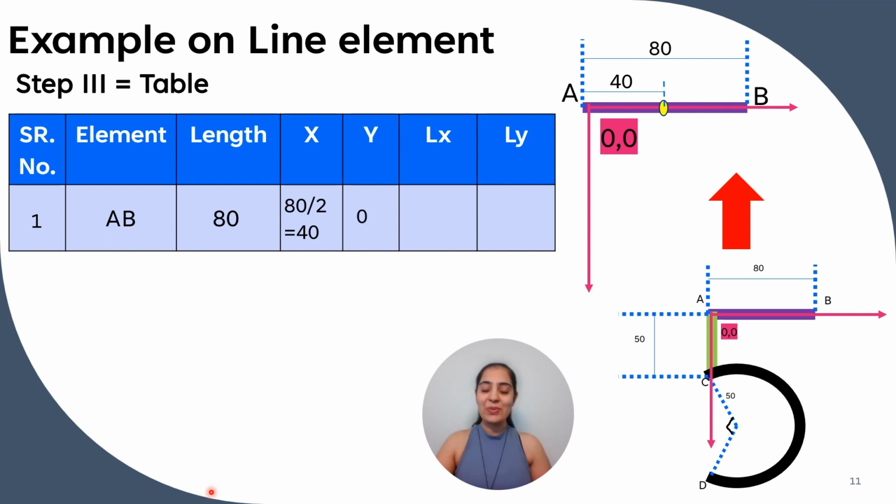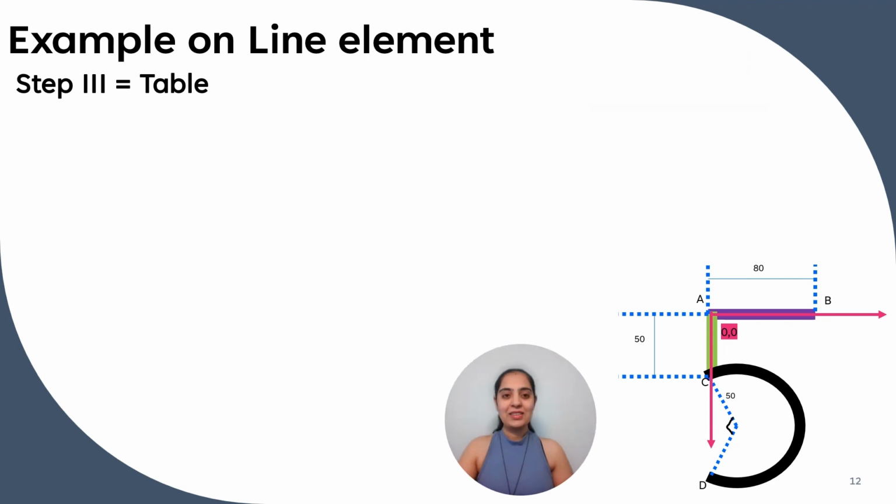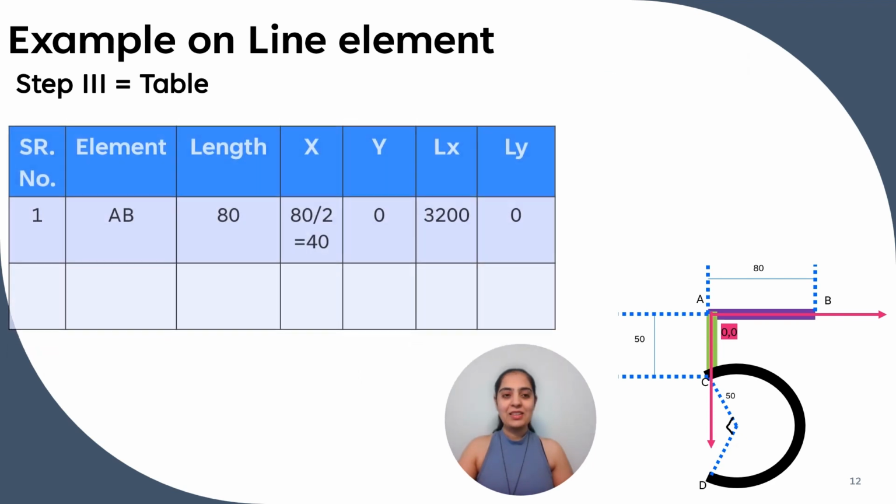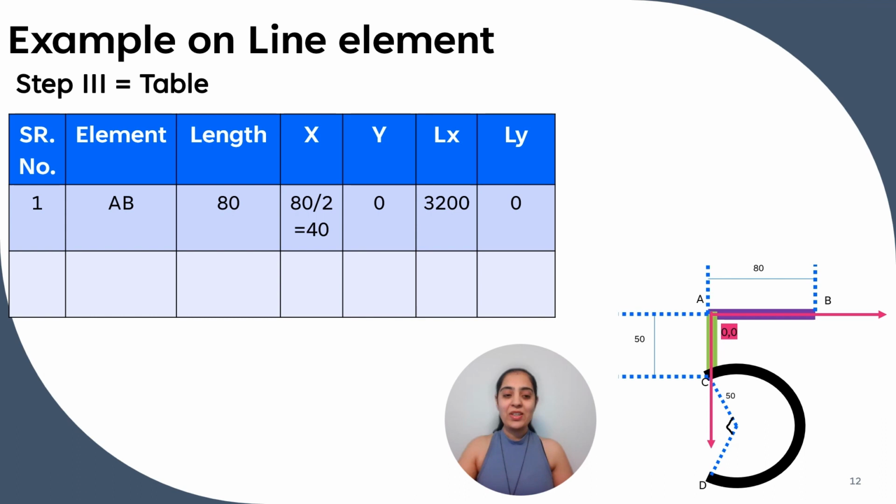It is 0 because the x-axis is passing through element AB. Now, come on fast. Let's do the calculation Lx and Ly. Now, we have the calculation of element AB.